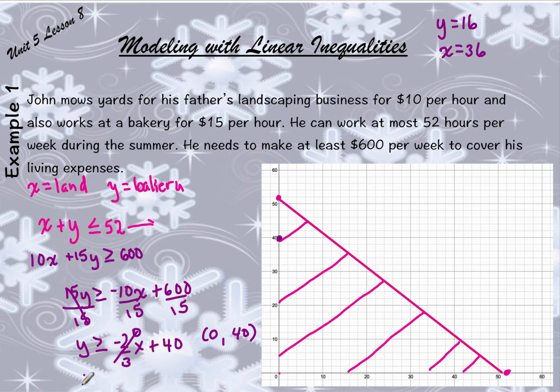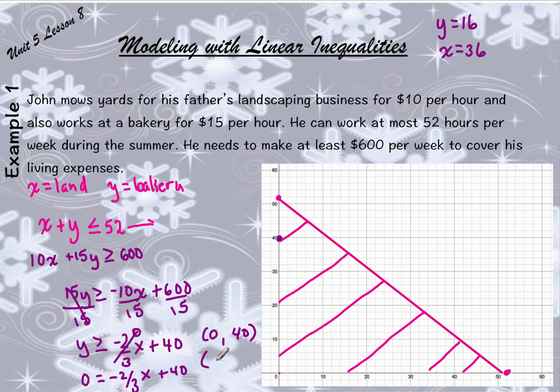Now I'm going to put a 0 in for y, and what would I have to put in for x to get that to be 0? Well, let's see. 2/3 of what number gets me 40? Oh, 2/3 of 60.